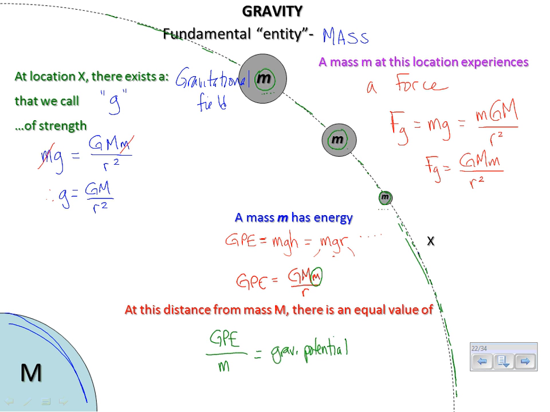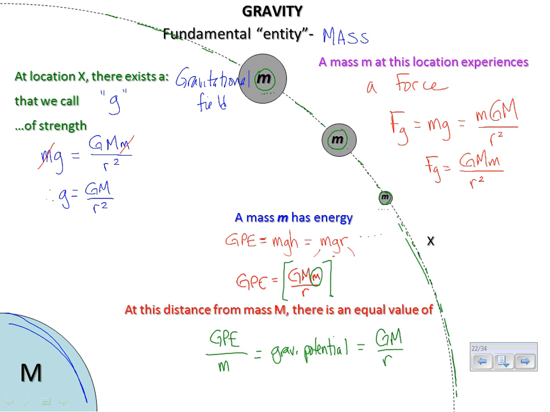All right? It's not potential energy because we would write it as GPE divided by the little m. So all we're left with is GM over R. Now notice I don't even write a variable for this because, A, we don't really use it in AP, and B, I don't really know what the standard accepted variable is.